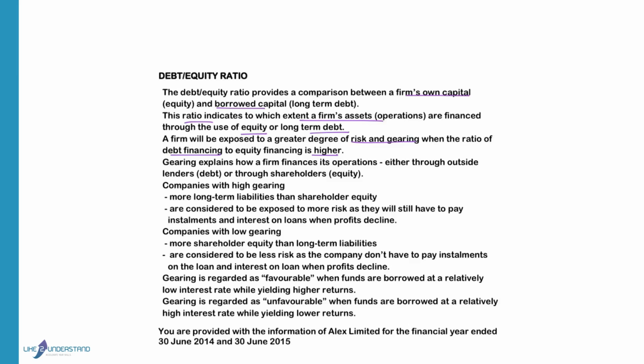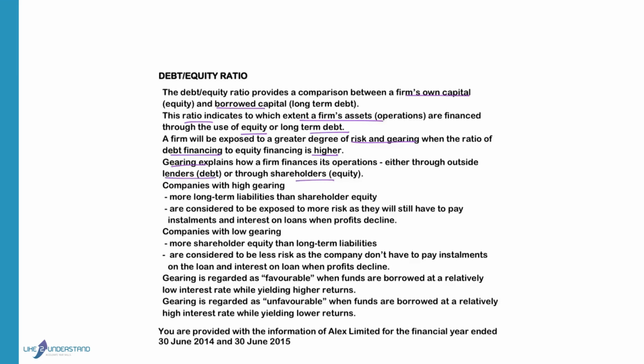So if you have a lot of loans in comparison with the own capital, the risk is higher and the gearing is higher. Gearing explains how a firm finances its operations. They will either use outside lenders, borrowing money, or they can get the money from the shareholders.